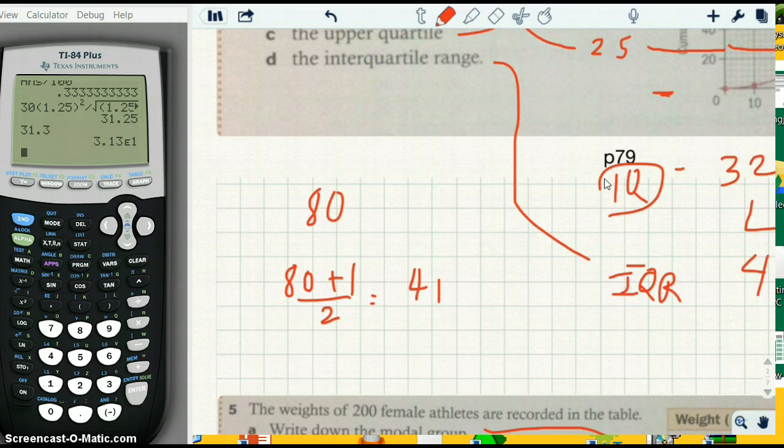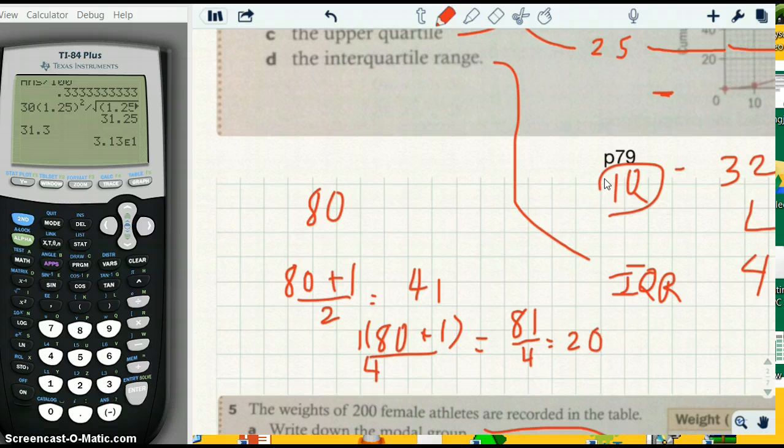Okay, and then how do I find the first quartile? I would do 80 plus 1, and then multiply times 1/4, to find the 25th percentile. The first quartile would be 81 over 4, which is about 20.